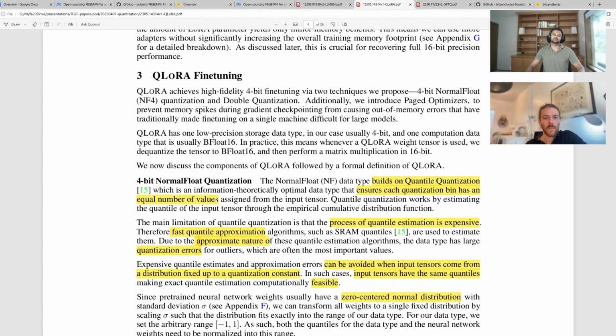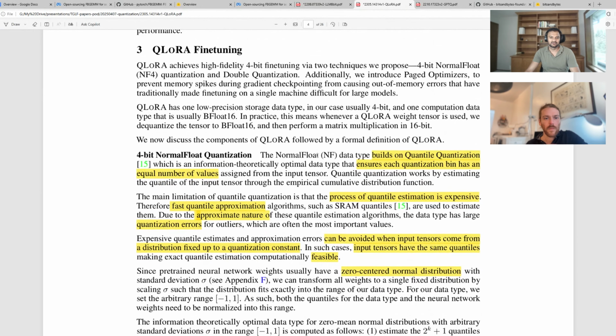I think the main point here is they use an information theory approach to fully utilize all the bins. One of the problems we have is, when we map, in your visualization, if you remember, not all the grids were fully utilized. Some of the grids were all empty.